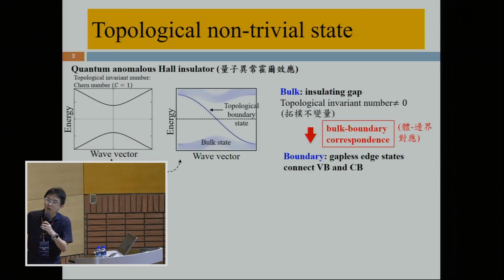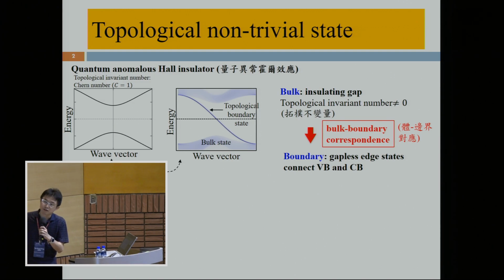Before starting today's topic, let me briefly introduce the basic properties of topological phases. The quantum anomalous Hall insulator is a prime example. A topological phase in a material can be defined through a series of math known as the topological invariant number, which can be used to identify the topological phase transition of the system.